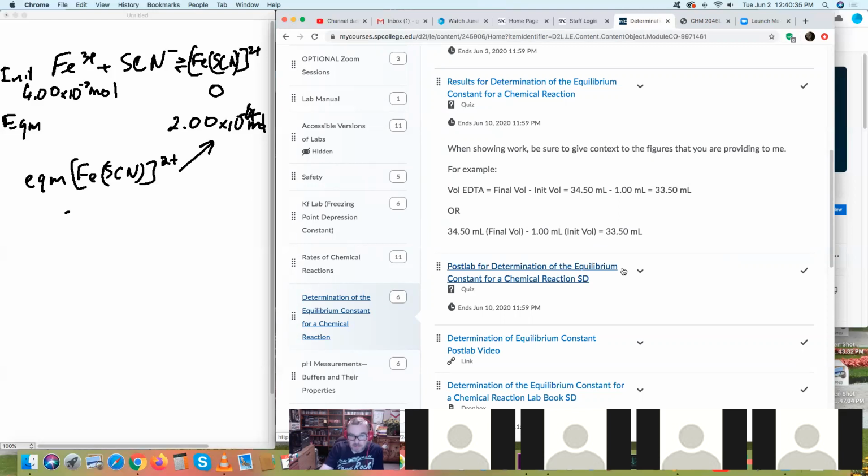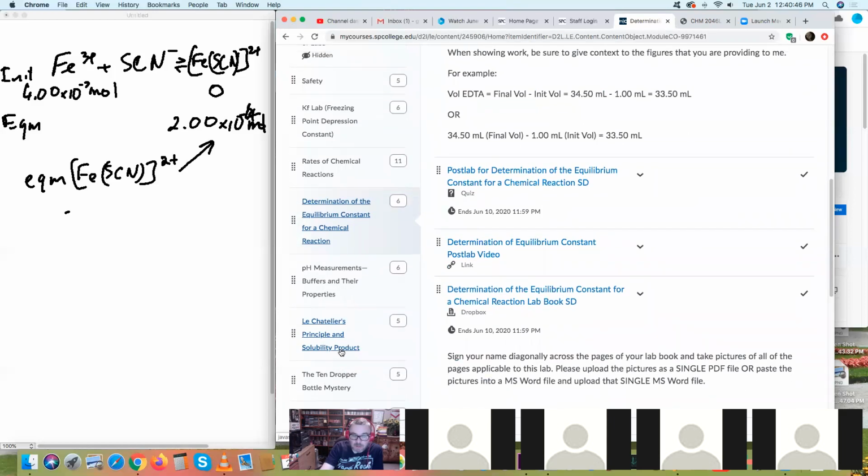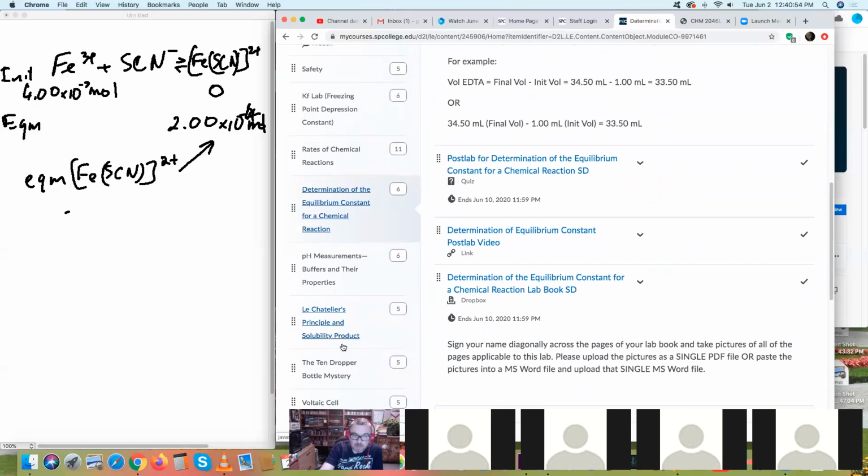And I think the only reason that the other one got moved, because it did get moved, is because we don't do solubility product till the next test. So I think that people didn't want people to say that we hadn't done it yet. So that one got moved.